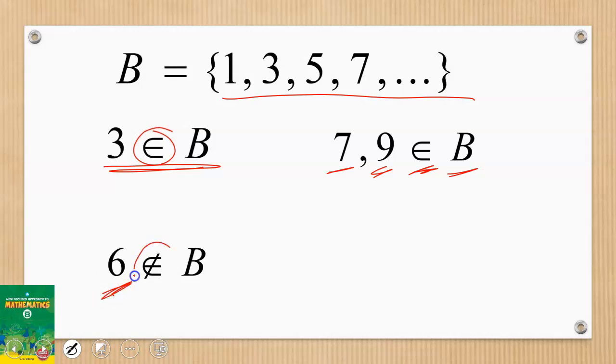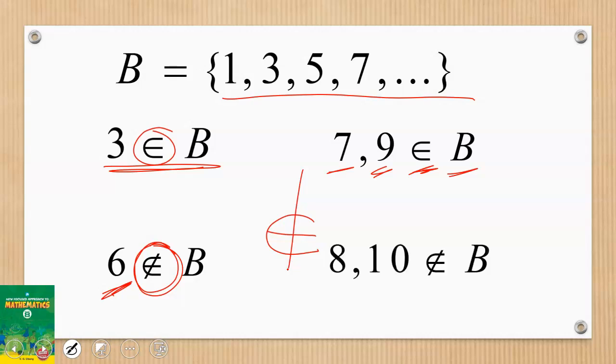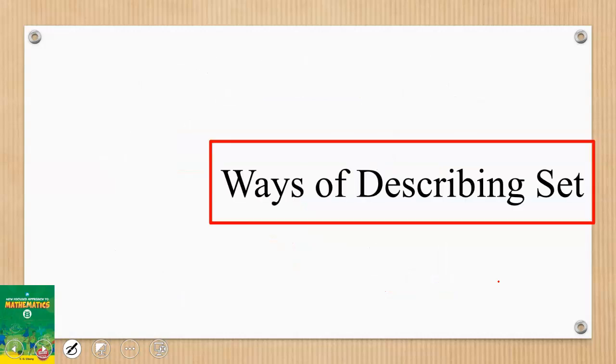So 6 is not a member of B. Look at the way I've written it: the member-of symbol crossed out means not a member of. Then 8 and 10 are not members of set B, right?